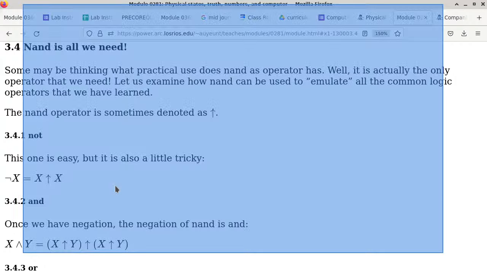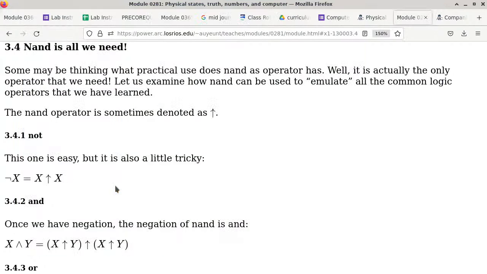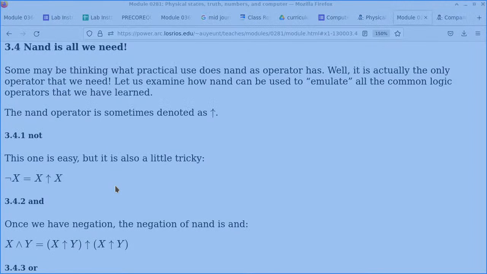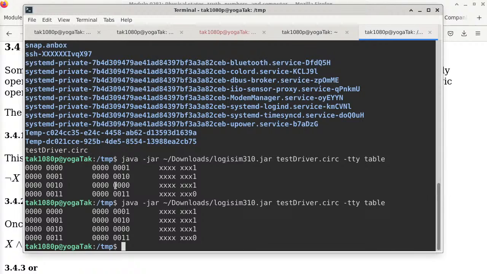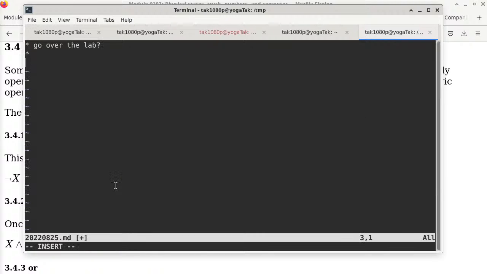I'm just switching back and forth to my command prompt, because I'm using that to write my own notes too. It's just nvim today's date. There we go.